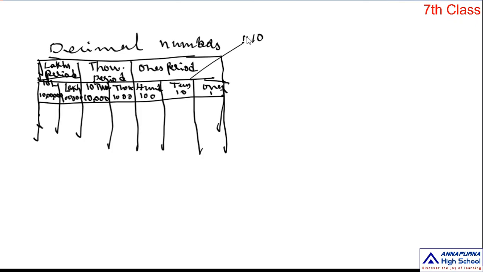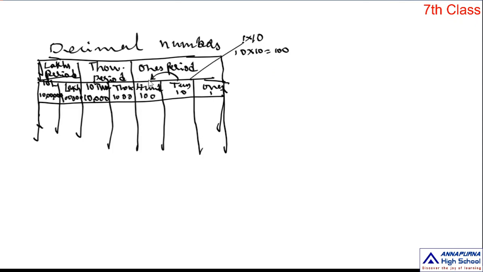So 1 into 10, we get the tens place. If you multiply this 1 by 10, we get the next place. So 1 into 10 is 10. Again, if you move towards left, from 10 to 100, it is increased by 10 times. Multiply this 10 by 10, we get 100, the hundreds place.